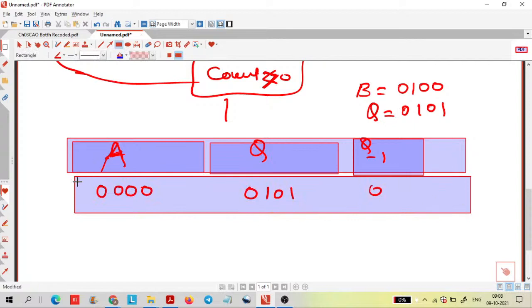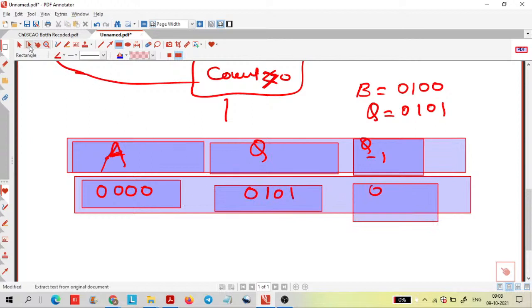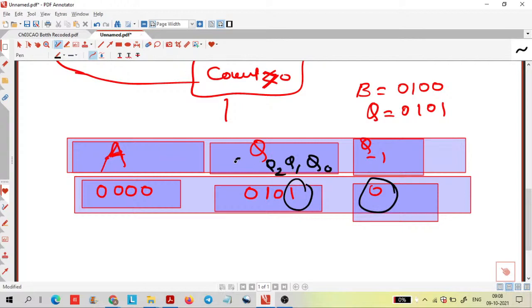Next, what do we do after initialization? We compare this Q naught and Q minus 1. This is Q naught, Q1, Q2, Q3.